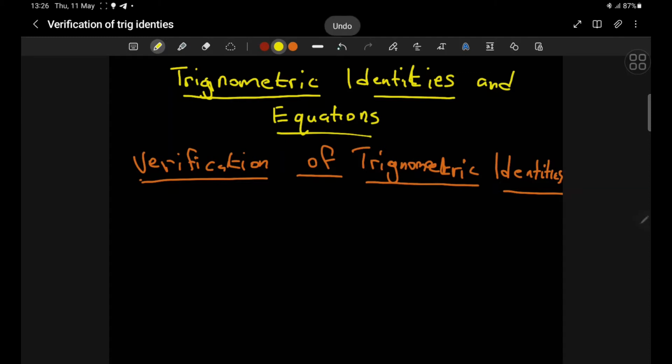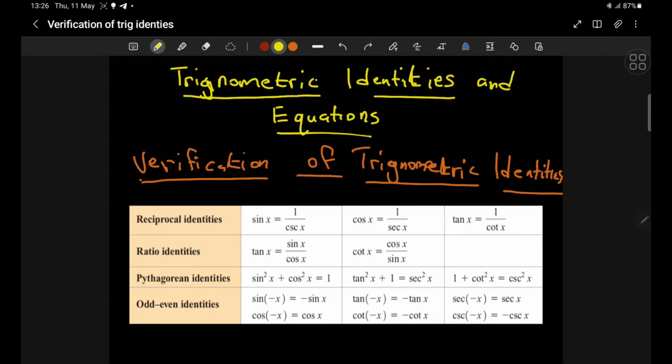I have this table here. These are the fundamental trigonometric identities that we're going to be working with in order to resolve any kind of question that we have.